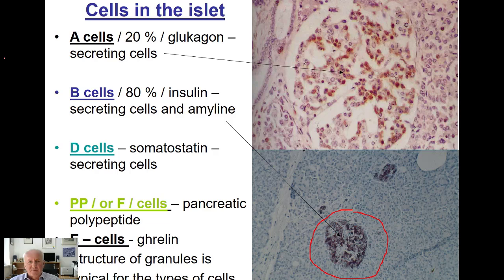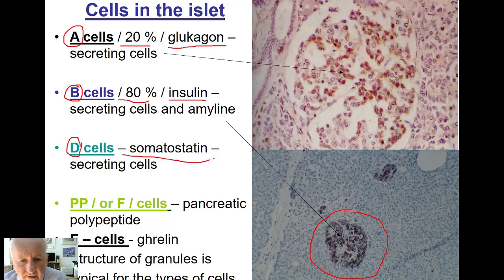So now the types of cells in each islet. The cells producing the hormone glucagon are so-called alpha or A cells. The biggest number, of course, are cells producing insulin, beta or B cells. Then a very low number of D cells producing somatostatin.